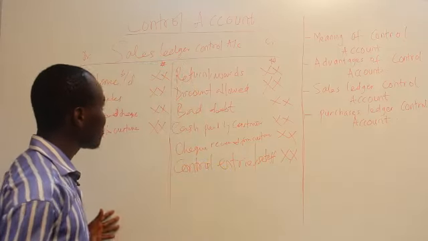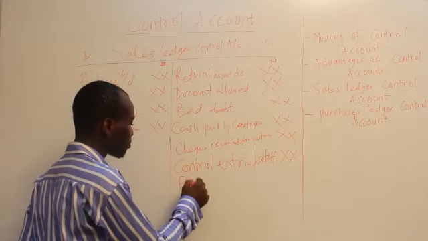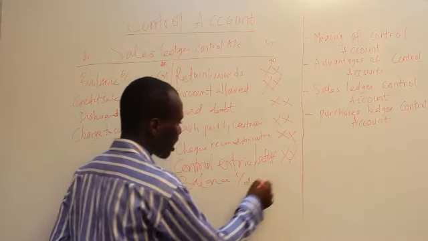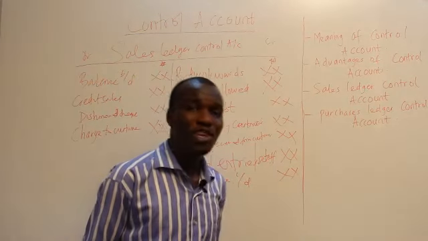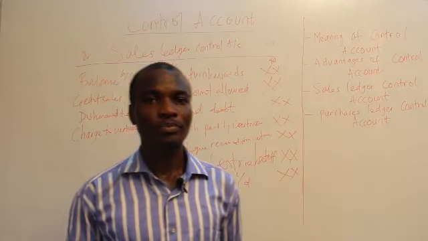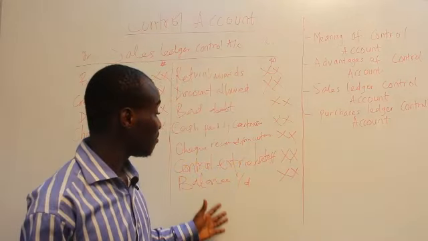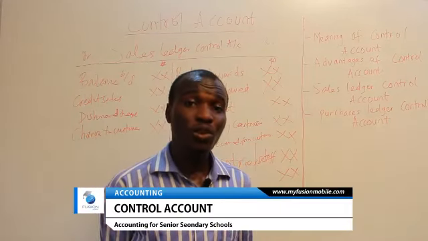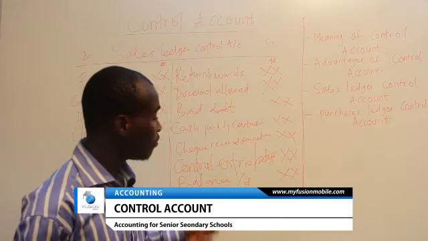account. When this account is balanced, we are going to have a balance carried down. The balance carried down serves as the total figure of the debtors, the total debt at the end of the period.